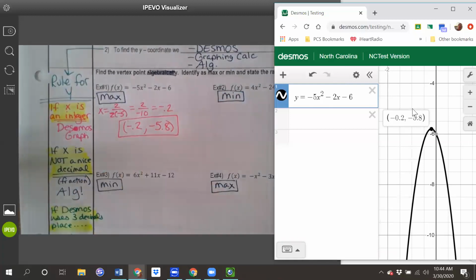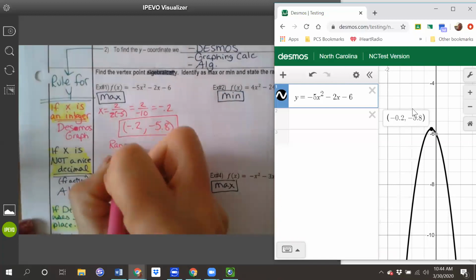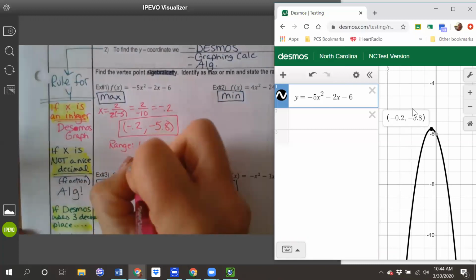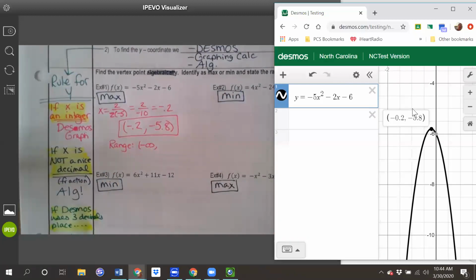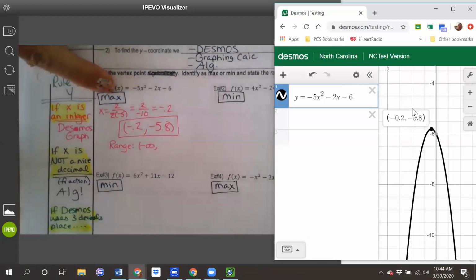And then it says state the range. So the range is the y values. Because this is a frown, the frown is going to go down forever. That means negative infinity. And it's going to go all the way up to its maximum value.